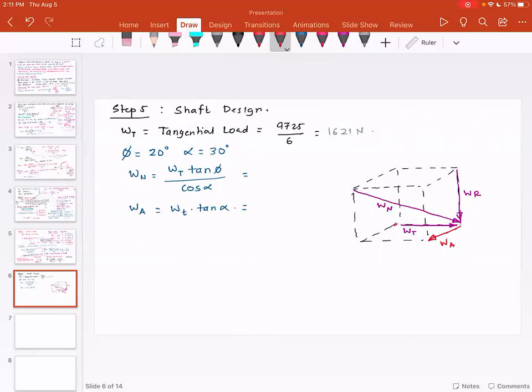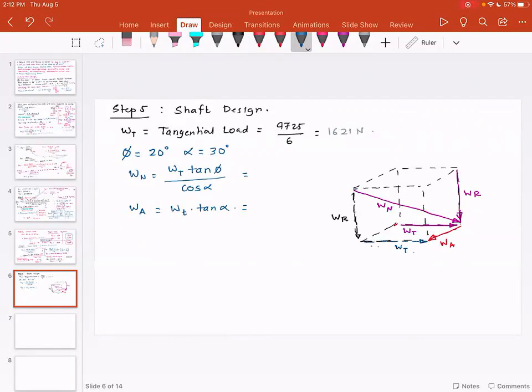So what I want you to do is take a moment and convince yourself that the force diagram that we have drawn makes sense. And if you need some additional tools for visualization, note this also is Wr. Again, since it's the parallelogram, this also is Wt.